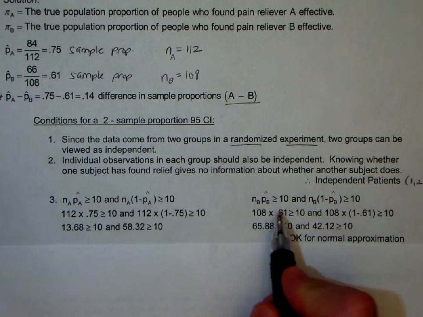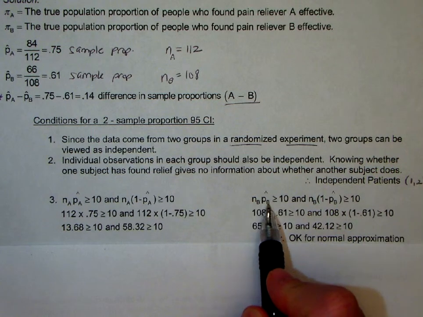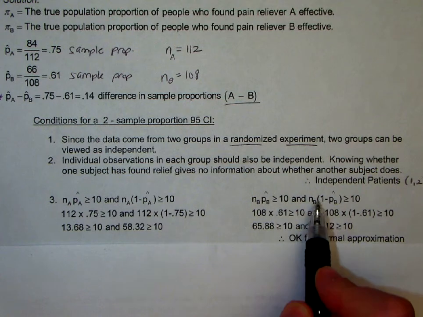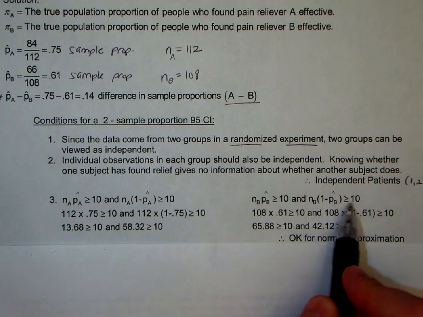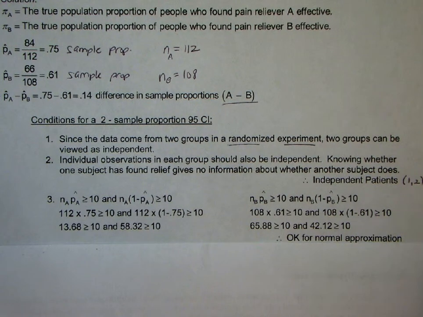And then I have to go and check the n, the sample B, or the group B. So I'm doing n_B times p hat B is greater than or equal to 10. n_B times 1 minus p hat B is greater than or equal to 10. So do you guys see, it's the same thing as before, you just have to do it twice.